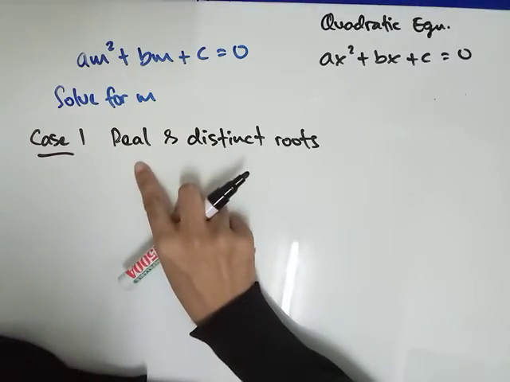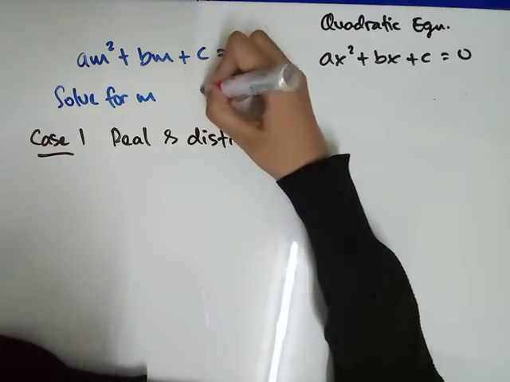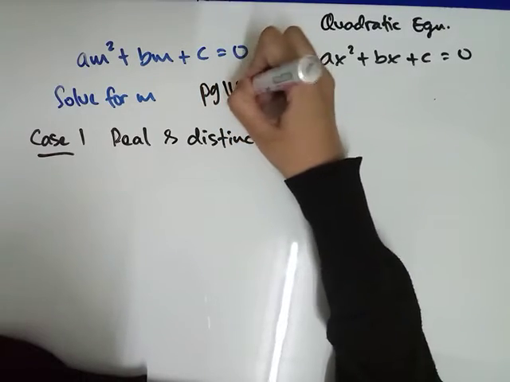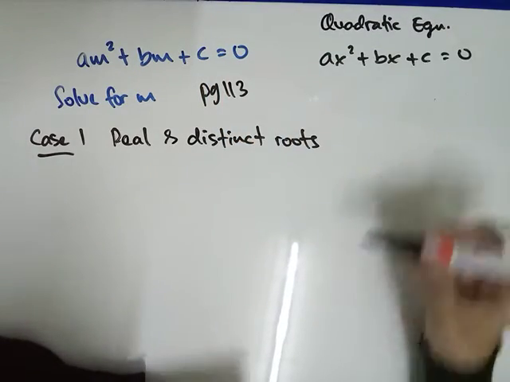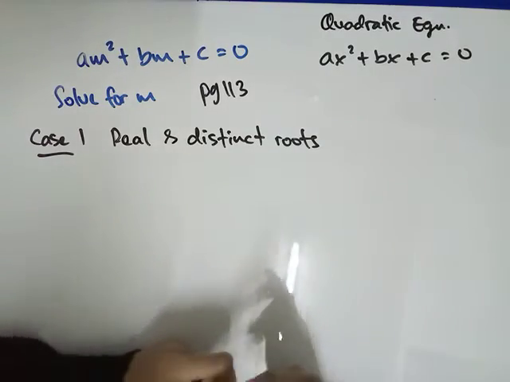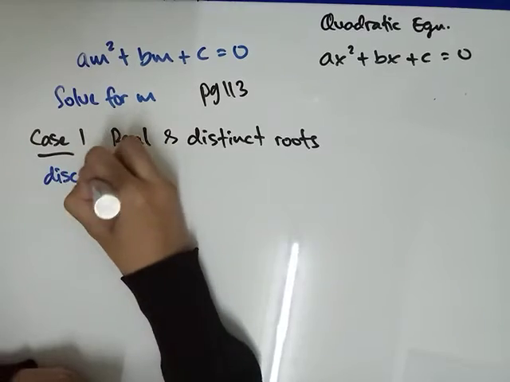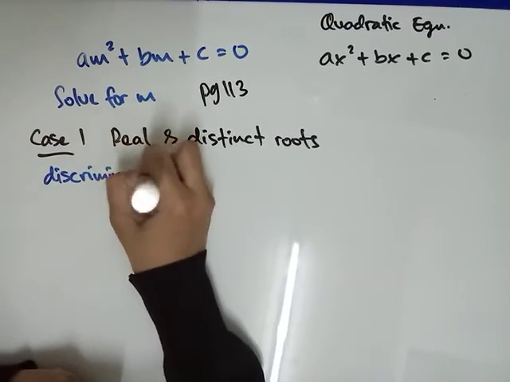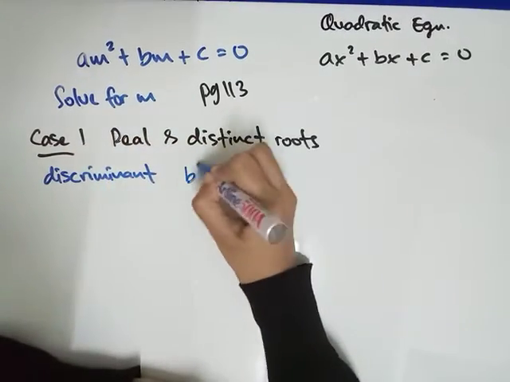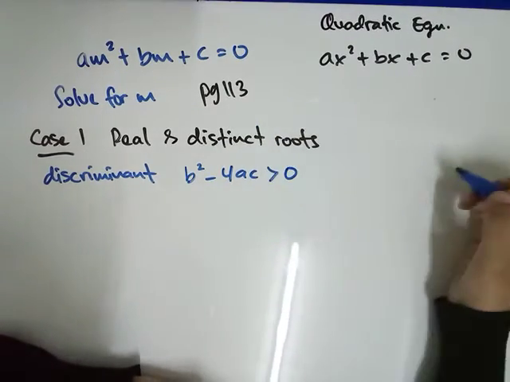For case 1, it is real and distinct roots. Look at your notes, page 113. So real and distinct roots ni, the discriminant, what is discriminant? Discriminant, it is b square minus 4ac, it is more than 0.